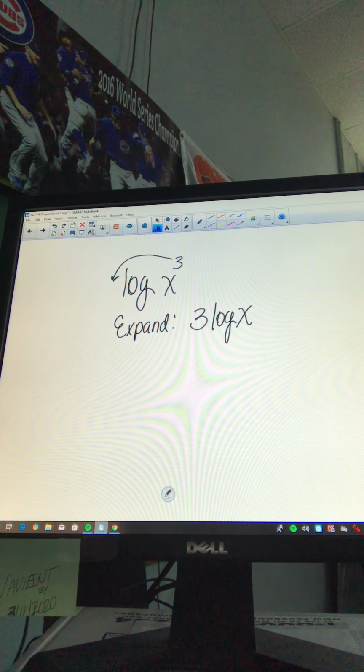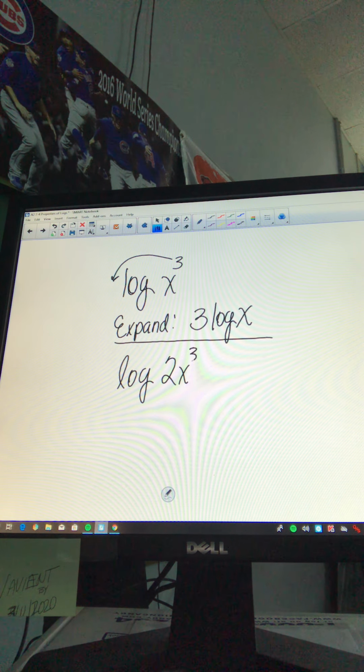Okay? Another example. Let's say we had the log of 2x cubed y squared. That's a little bit more lengthy, okay? So we just go a step at a time.